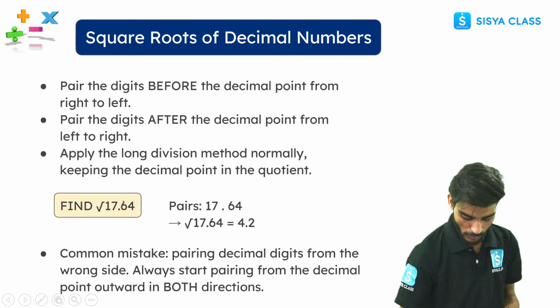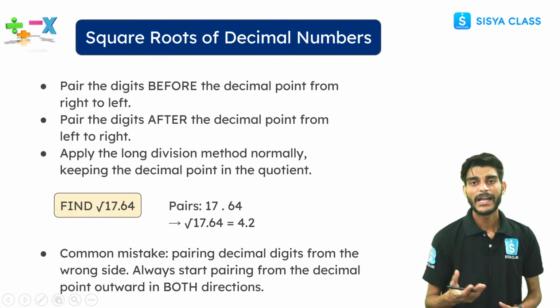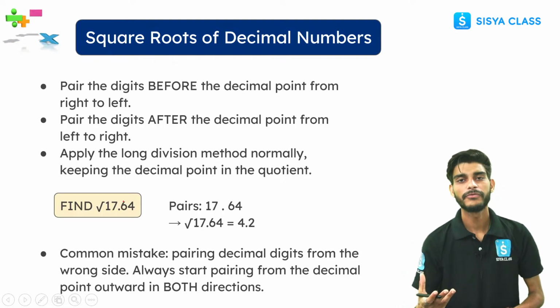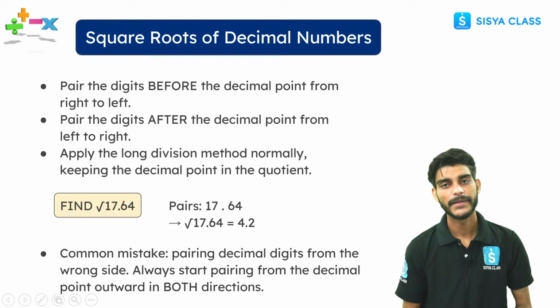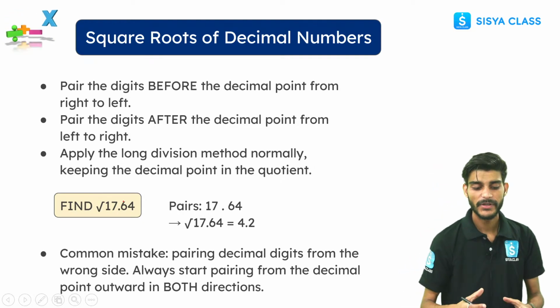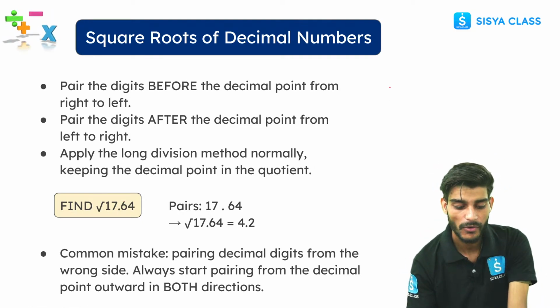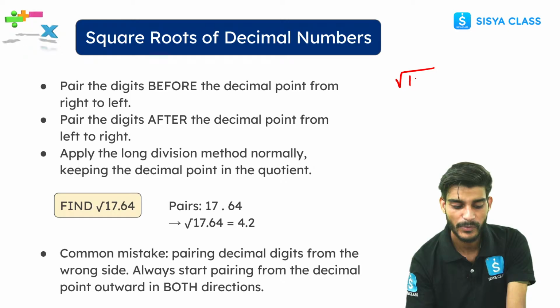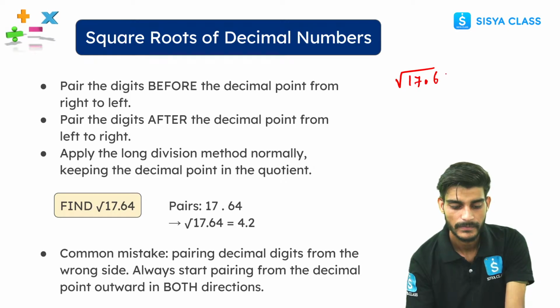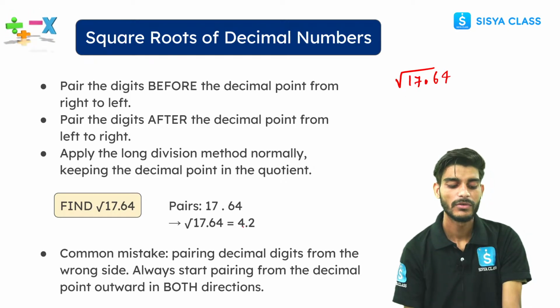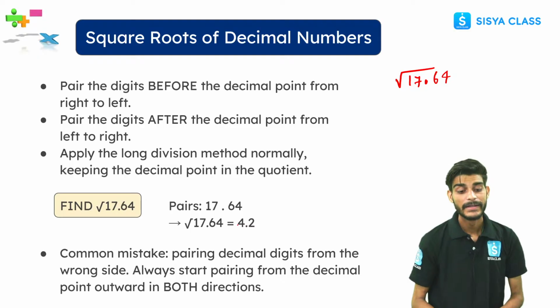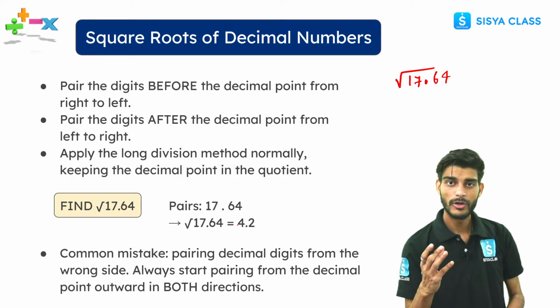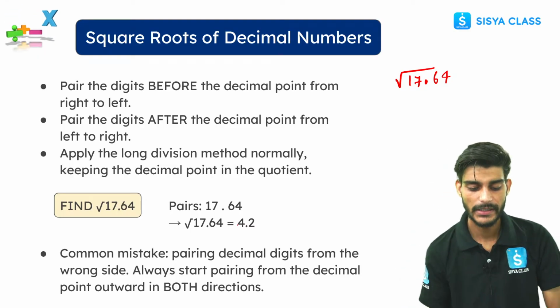Now sometimes there will be decimal numbers, so how do we find the square root of decimal numbers, right? Suppose you have to find the square root of 13.64. Here also the long division method is useful. See how I will find it.